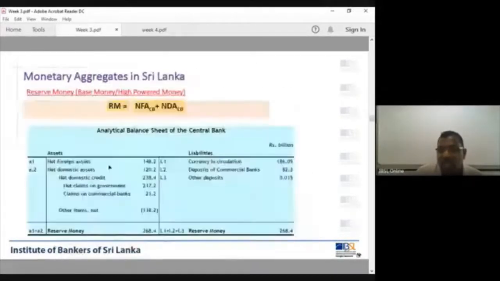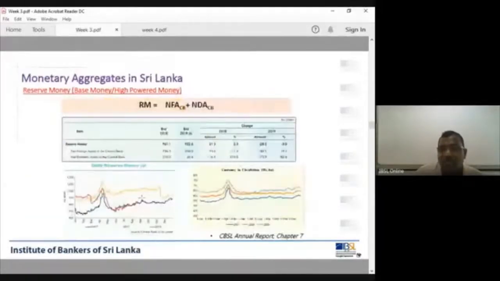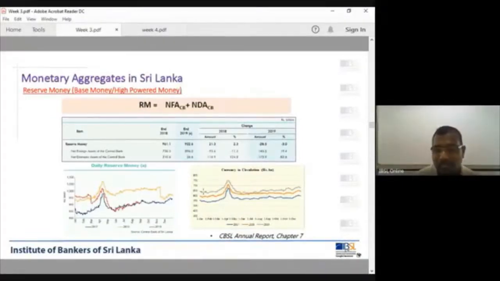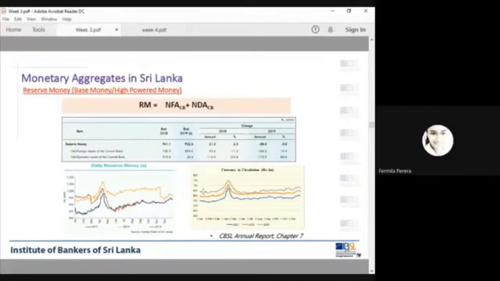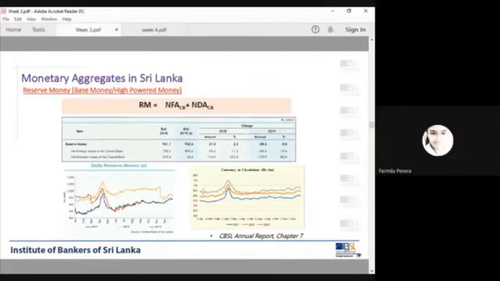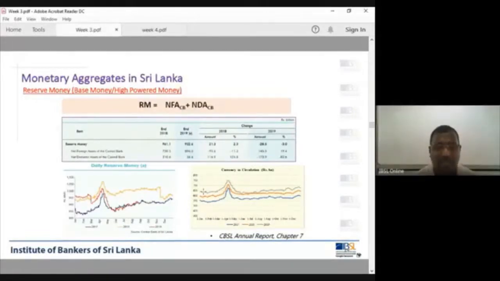So if you reduce the reserve ratio, what will happen to the multiplier? The multiplier will go up, yes. So when the multiplier goes up, what will happen to total money? Total money will go up. Excellent, excellent.